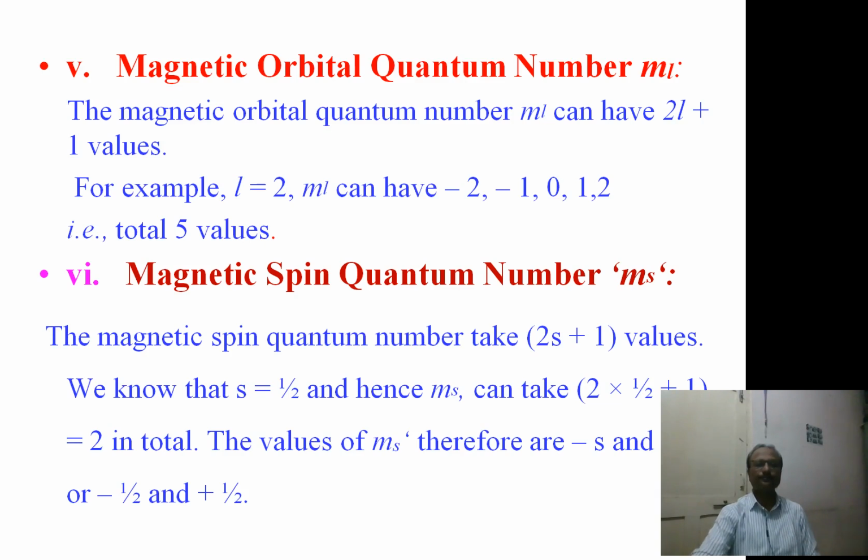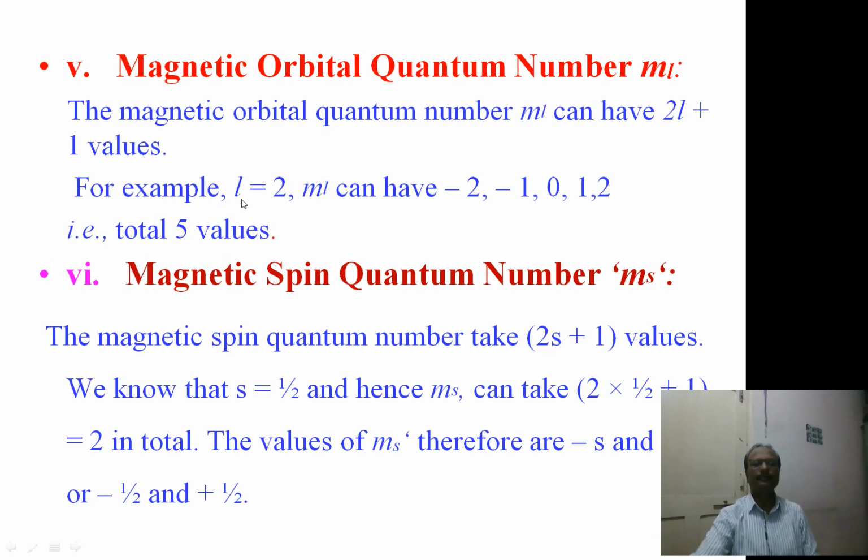Now the magnetic orbital quantum number ml can take 2l plus 1 values in total.